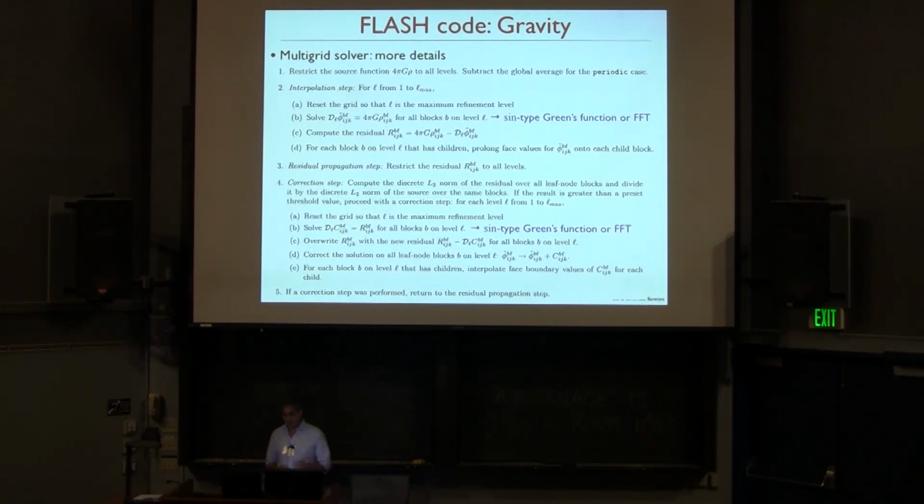And then once you have your residual, you can check with an L2 norm how big your error is, and if you're satisfied with the solution, you can stop the loop.